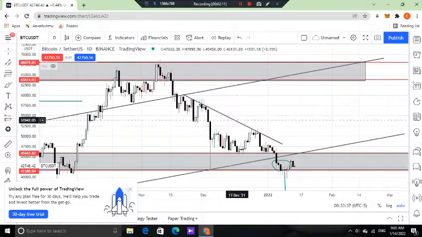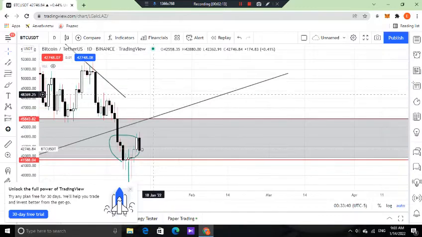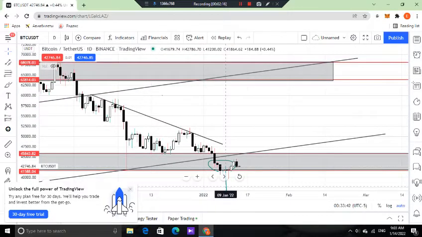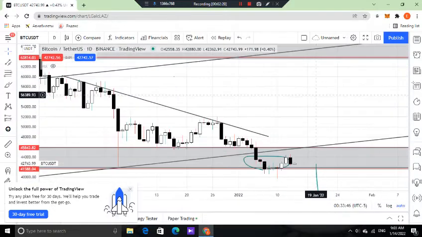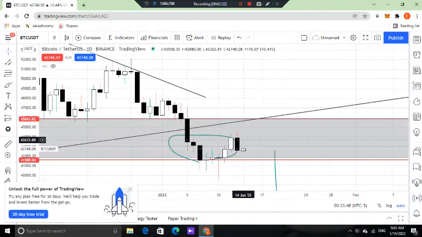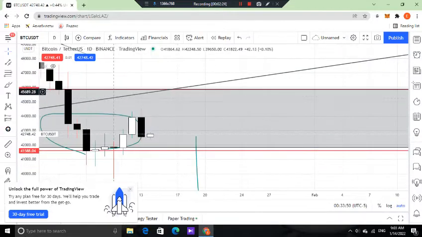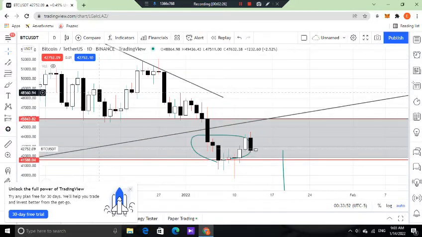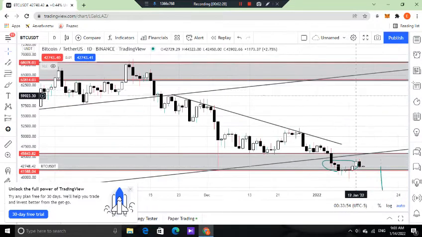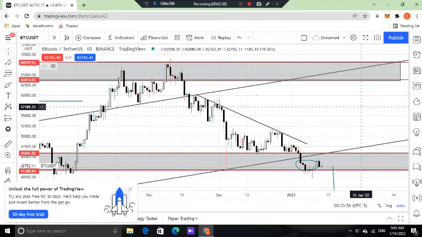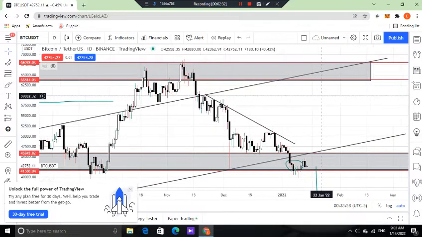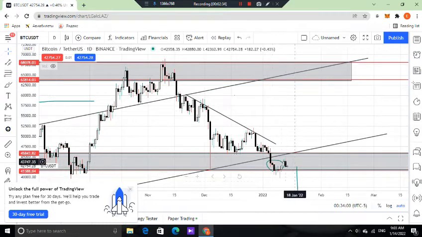Right now Bitcoin price, we see it at this area. We have a lot of shadows, a lot of weak bars, dojis here, and we are still stuck in this area.